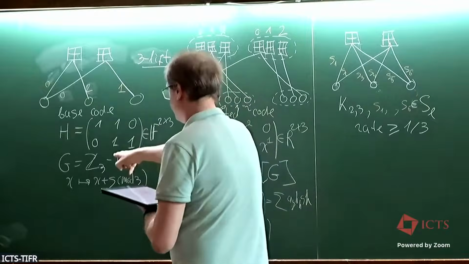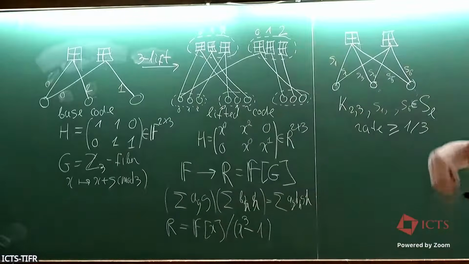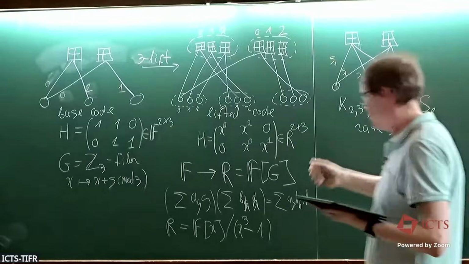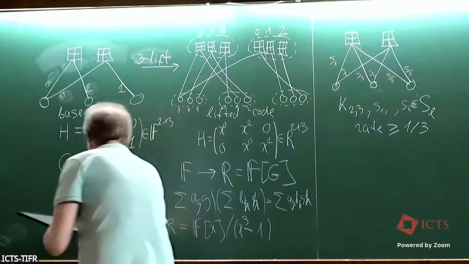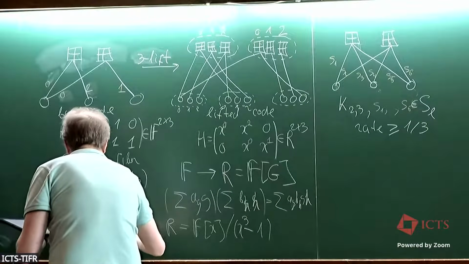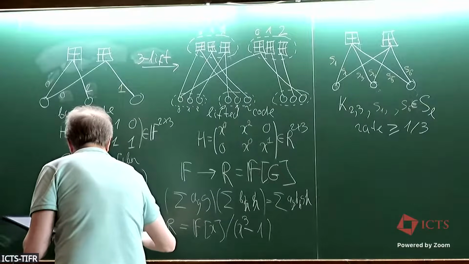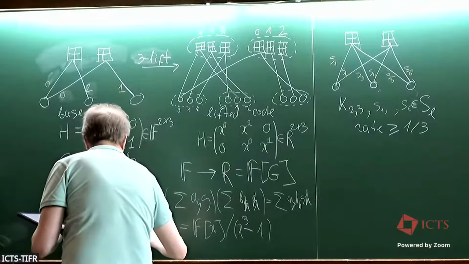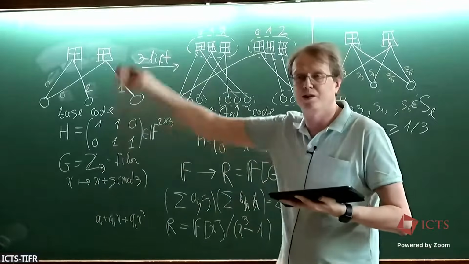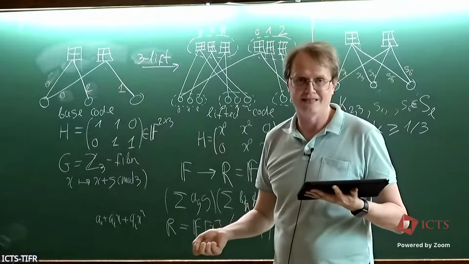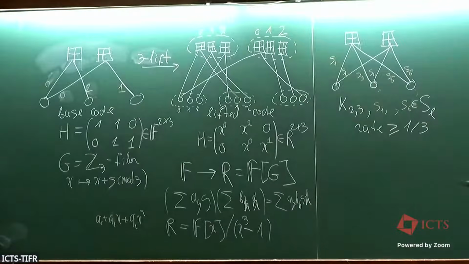Yeah, in this specific case. And you can easily see that we have polynomials, so a typical element would be, and x cube is equal to 1 again, yes? So very, very easy.